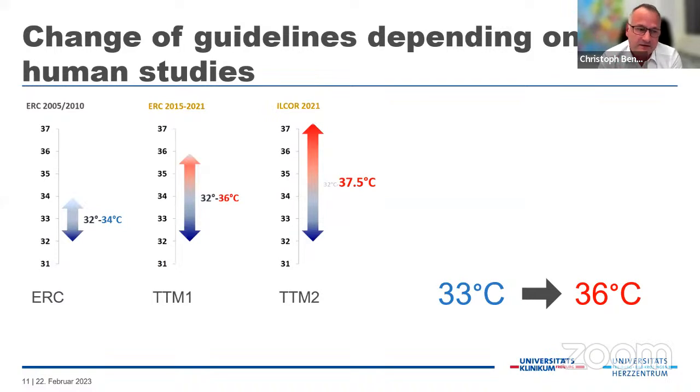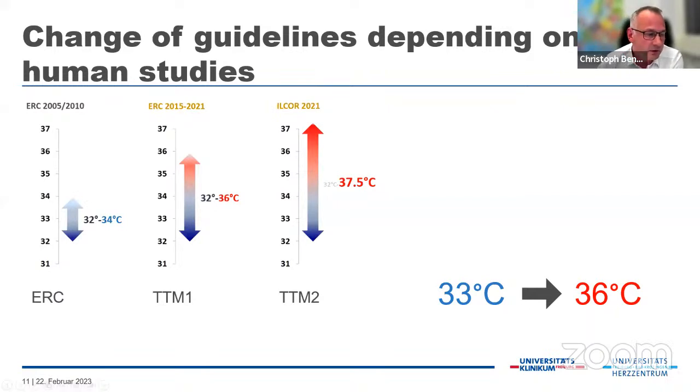But in this study, there were several limitations. There was an extremely short no-flow time, only 1 minute. And if you look at the time when the goal temperature was reached, it was after 10 or 12 hours.